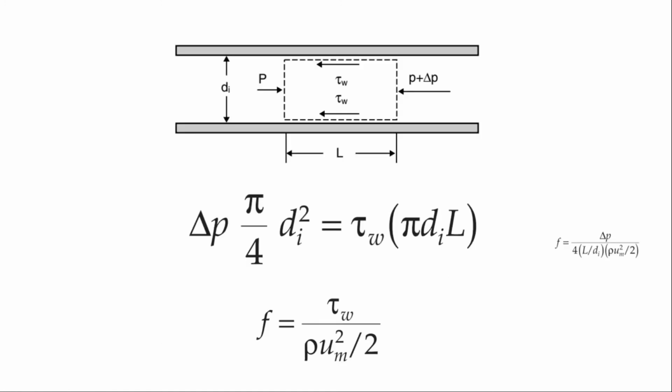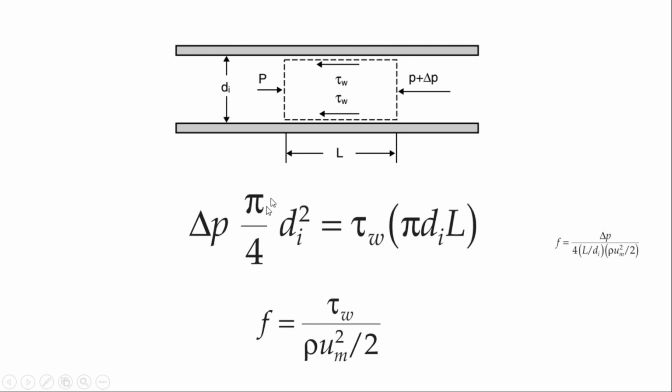So here we have the circular pipe. The force balance in this circular pipe is given over here in this formula, which is ultimately related to the shear stress. So this is the previous formula that I used over here, right? This is the pressure drop. What is pressure? Pressure is force per unit area.